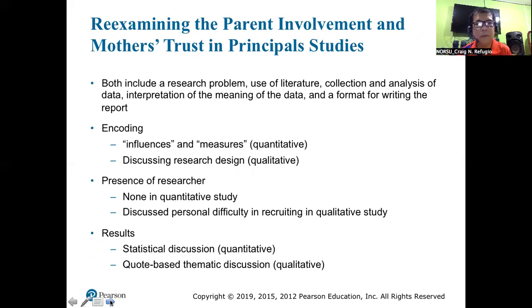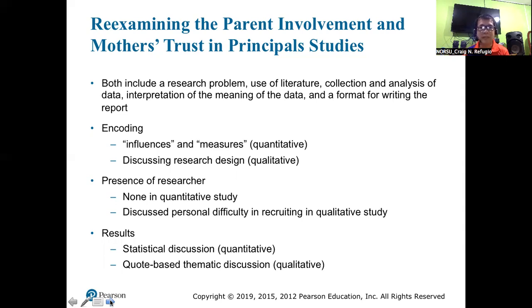Re-examine the parent involvement and mother's trust in principal studies. Both include the research problem, use of literature, collection and analysis of data, interpretation of the meaning of the data in a format for writing the report. Encoding influences and measures quantitative variables.